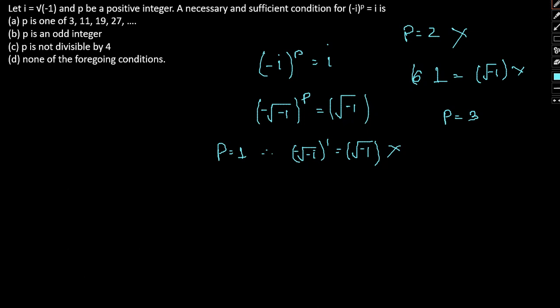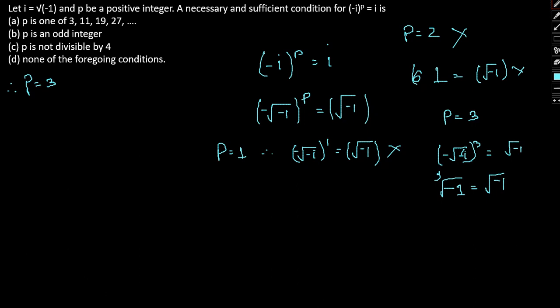So if p is equal to 3, then what we have is minus i cube, which is root under minus 1. Okay, so minus sign will come, minus i cube is minus of minus i, so we have plus i, so it will be root under minus 1 here as well. So therefore p can be equal to 3.